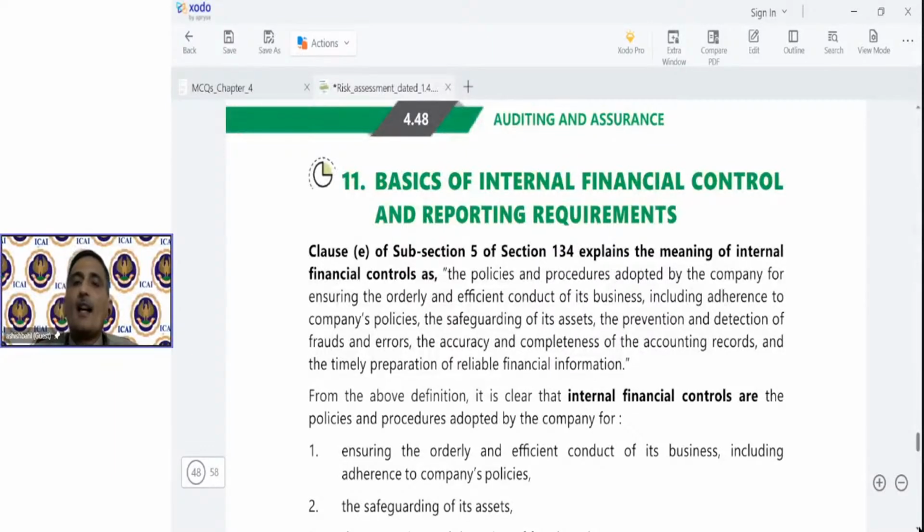Now we come to another term: basics of internal financial control.